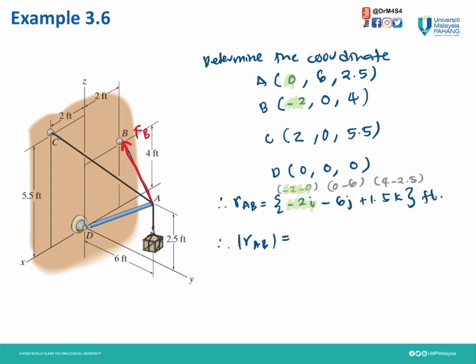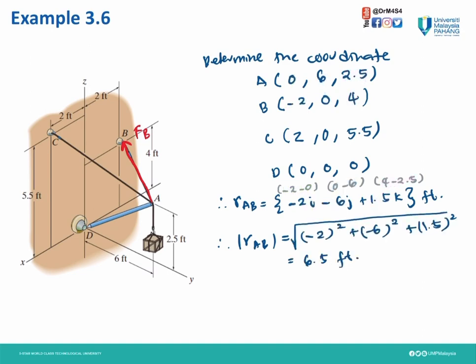Then for j, 0 minus 6, so negative 6j. Then for k, 4 minus 2.5, so we get 1.5k. So we get our position vector, then we can calculate our magnitude. The magnitude for RAB is 6.5 feet. Always remember, you have to write your units.